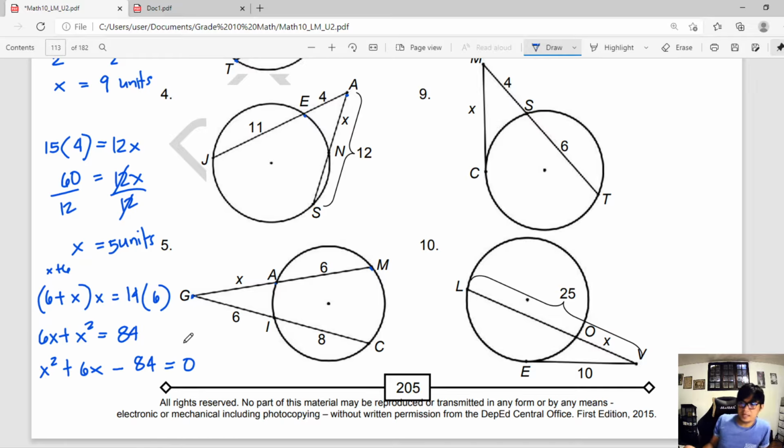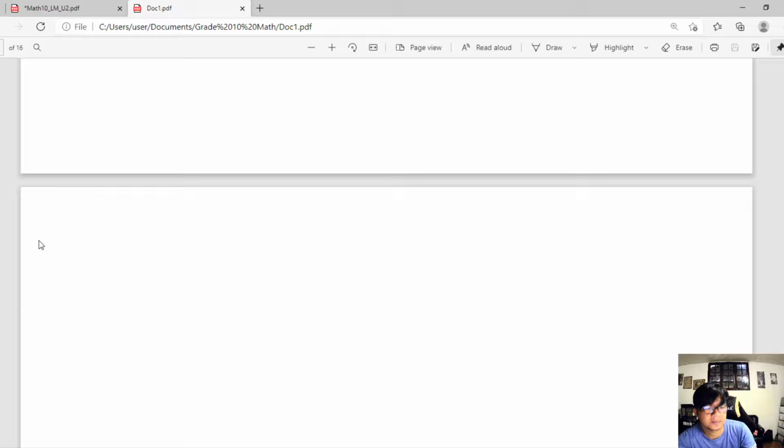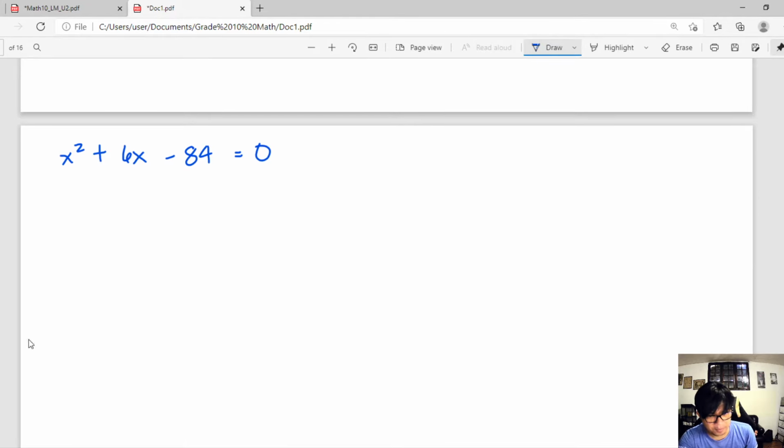From this, we will find the value of x. So x squared plus 6x minus 84 equals 0. This is a polynomial, a quadratic equation. So we will solve it, right?